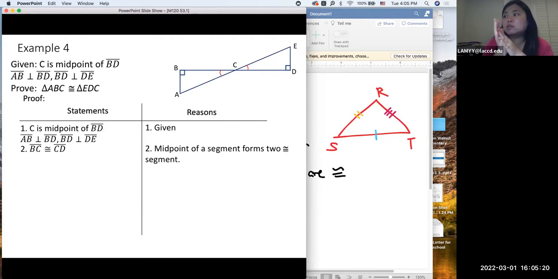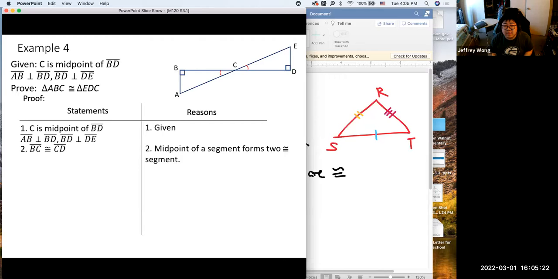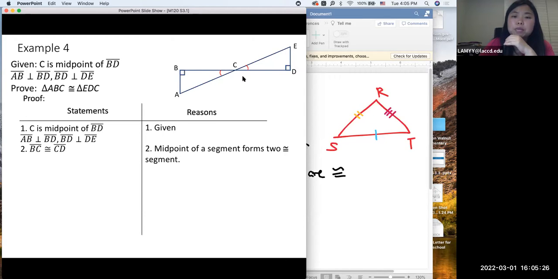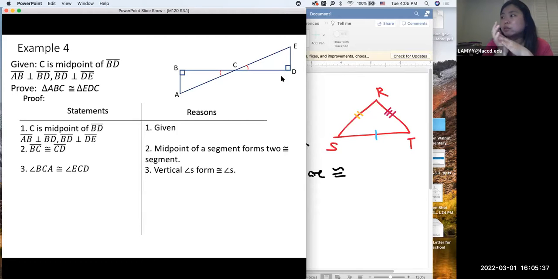Are they congruent? Yes. Why? They're vertical angles. Good. Angle BCA is congruent to angle ECD, because vertical angles form congruent angles. Okay, vertical angles are congruent.